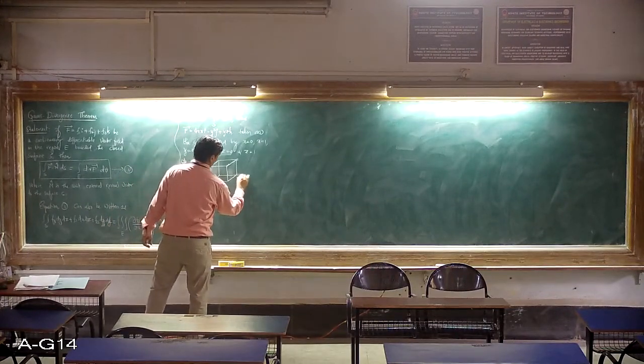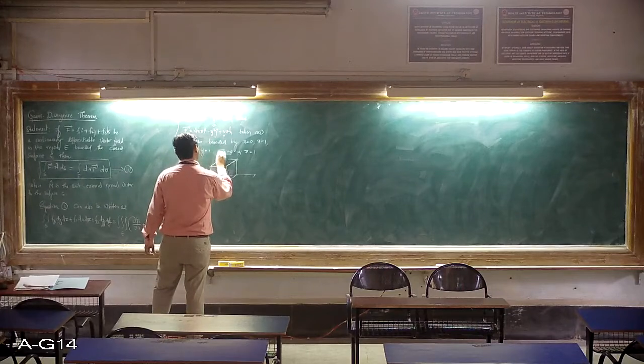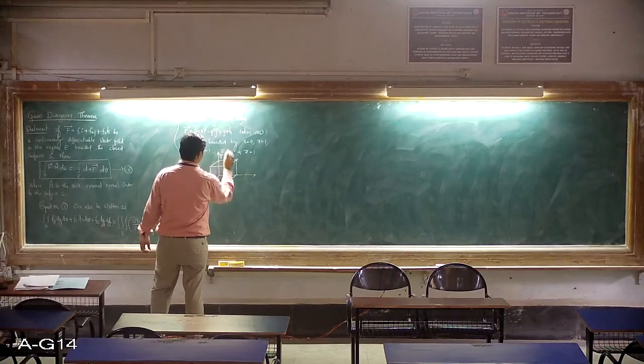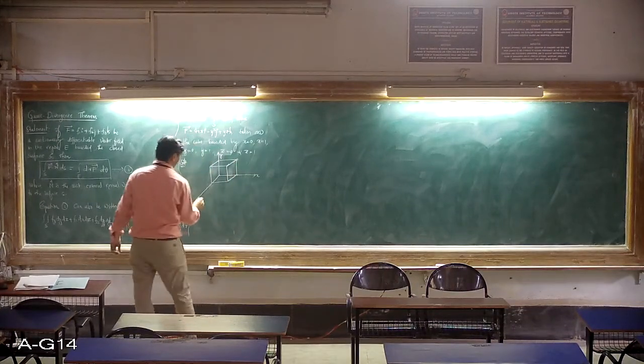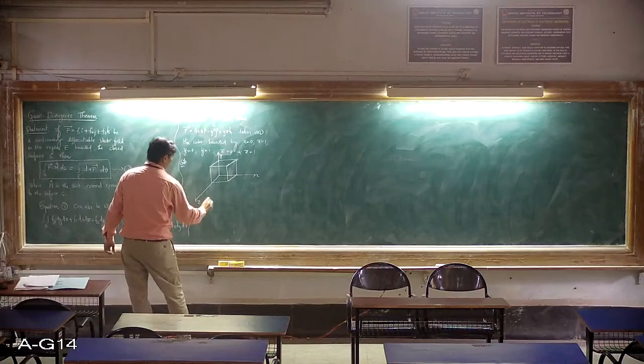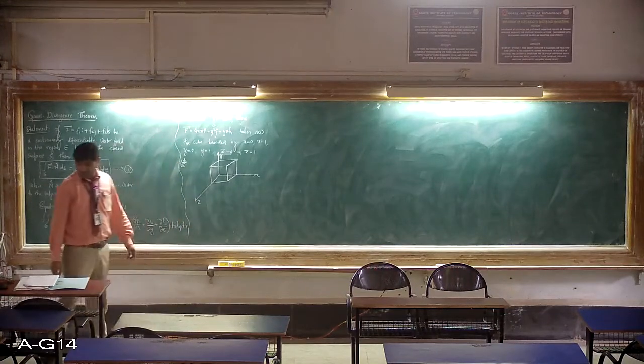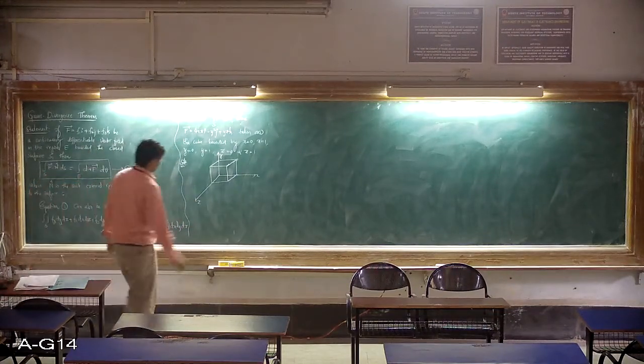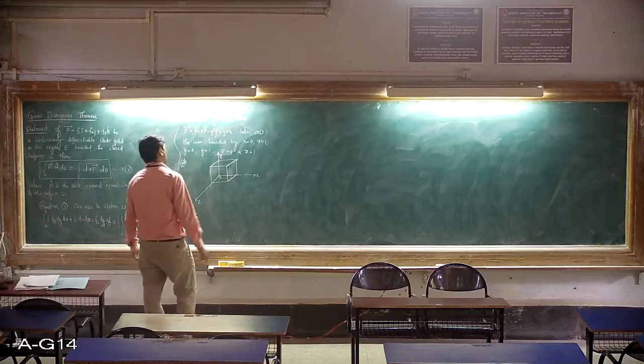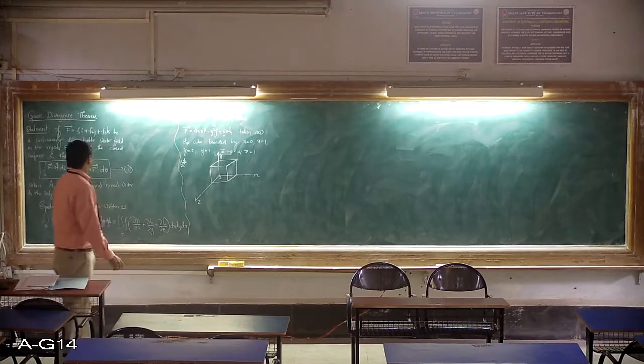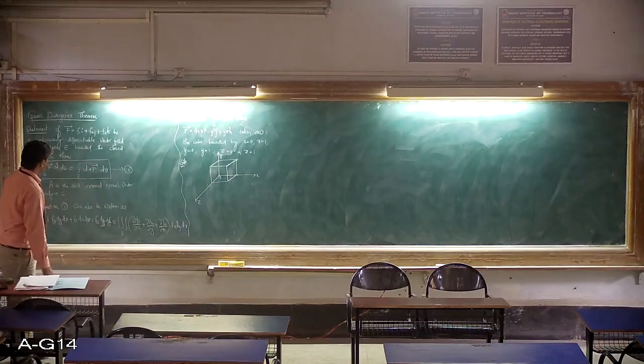This is the y-axis, this is the x-axis, and this is the z-axis, we'll say, right? So this is your cube, and this is origin O. Now by which we can find.